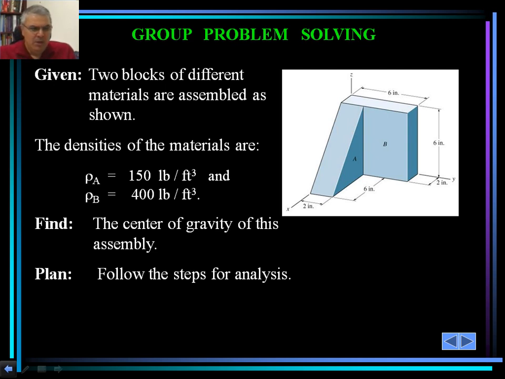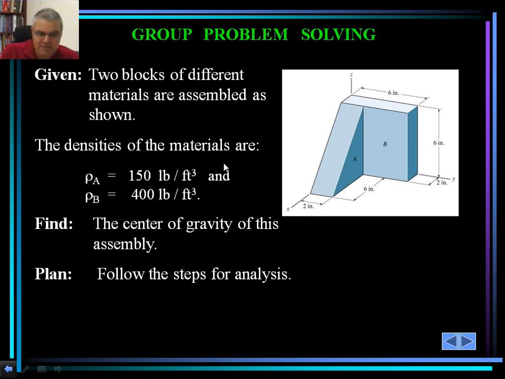So the problem is there are two blocks of different materials. We assemble them as shown. We call them block A and block B. The densities of the materials are different because they're made of two different materials. One could be reinforced concrete, the other could be steel, could be really anything.